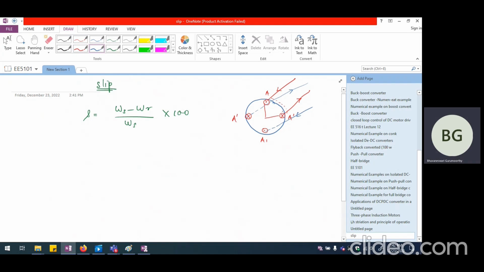So this 90 degrees corresponds to electrically 180 degrees, because this is the positive, forward current, and this is the reverse current.